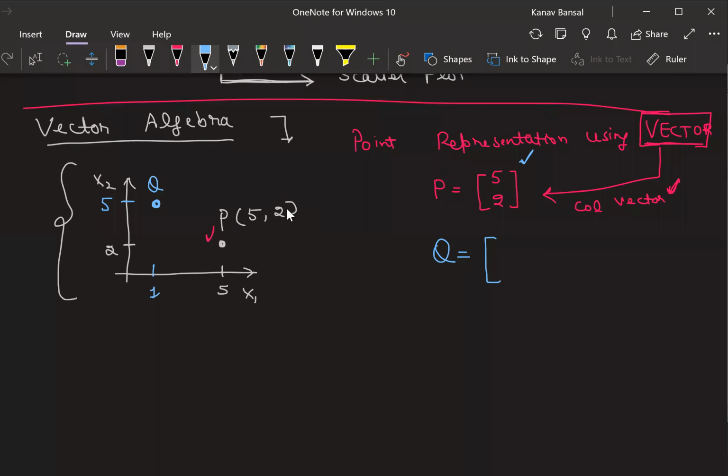So I will write it like this, right? This one is the x1 component and this one is the x2 component. All of you agree with this? In the case of P, 5 is the x1 component and 2 is the x2 component. I will put the x1 component first and then the x2 component. So what is the x2 component for Q? It is nothing but 5, right?